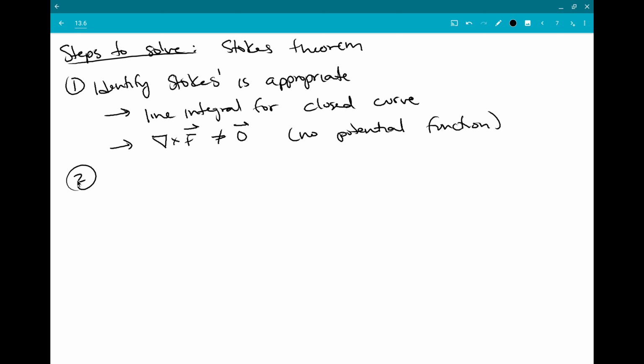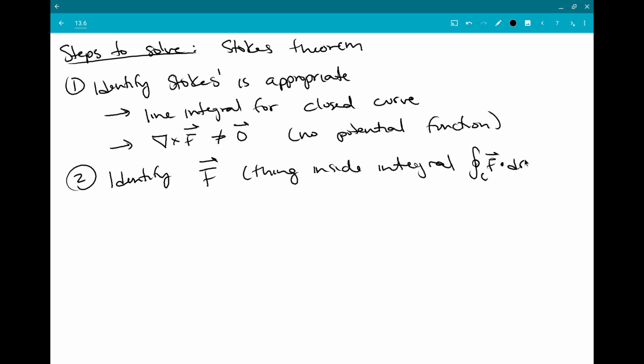Once you're sure about that, you're going to have to identify your vector field f. That should be the thing inside your line integral equation.